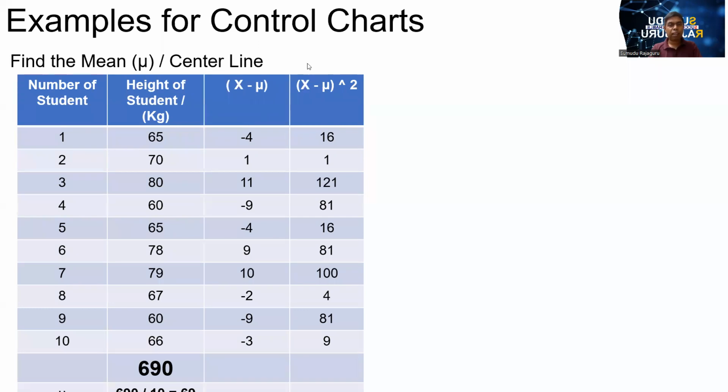Then we have to take x minus mu squared, because what is our equation? Let me write the equation in here: summation of x minus mu squared, divided by n minus 1.